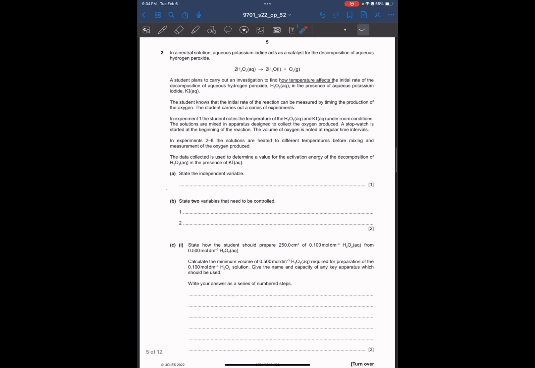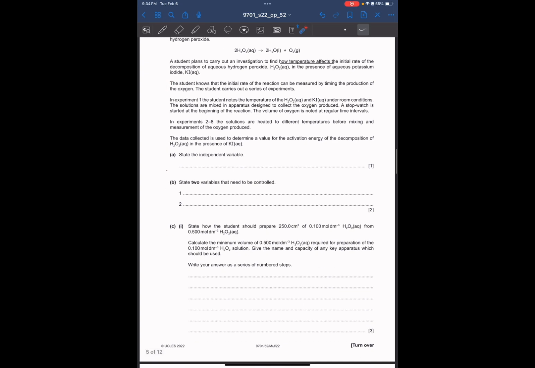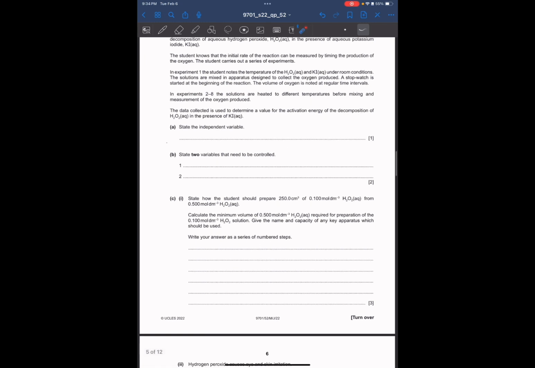So the student already has a way to figure out how we're going to calculate this experiment, and these are basically just the details of the equipment that he's using. It's always worth giving it a quick read.